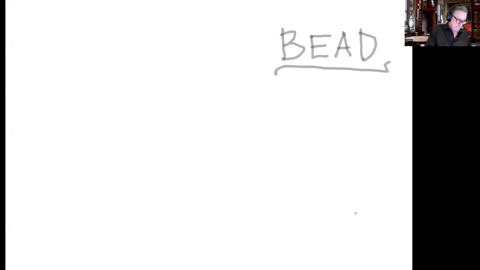So if we draw a little guide circle here, then a bead is simply a half round. And that's a bead. Very straightforward.